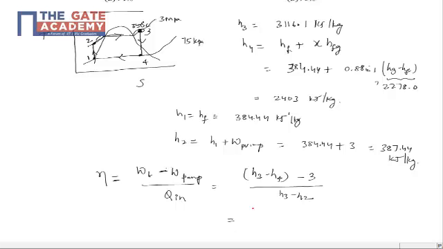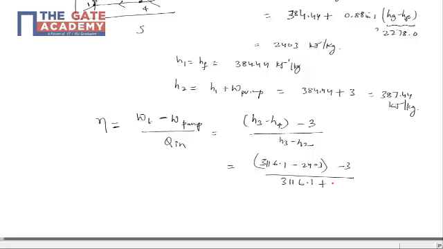That's the reason why we found the enthalpies first, because we will then know everything. So (3116.1 minus H4, that is 2403, minus 3) divided by (H3 minus H2), that is the heat input, the enthalpy change that occurs in the boiler: 3116.1 minus H2, and H2 is basically 387.44. If I calculate this, it comes out to about 0.26, that is 26%.